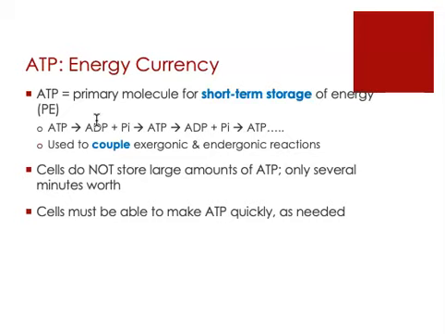ATP is the middleman. Cells are very thrifty. Cells do not store large amounts of ATP. There's only enough ATP inside a living cell to last for several minutes. Cells, therefore, have to be able to make ATP very quickly as they need it, as their energy needs change throughout the day.